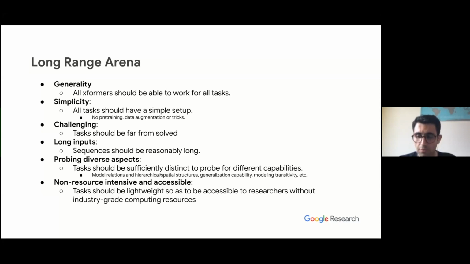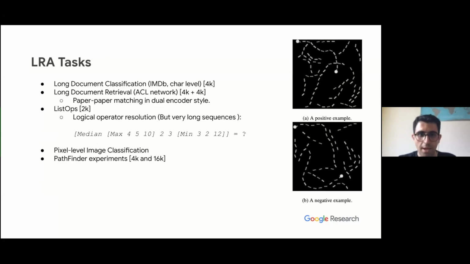And we also wanted to stay in a setup that is as accessible as possible for people, especially in academia, so you don't need industry-level computing resources to evaluate your transformer. And then we ended up with 5 different tasks.